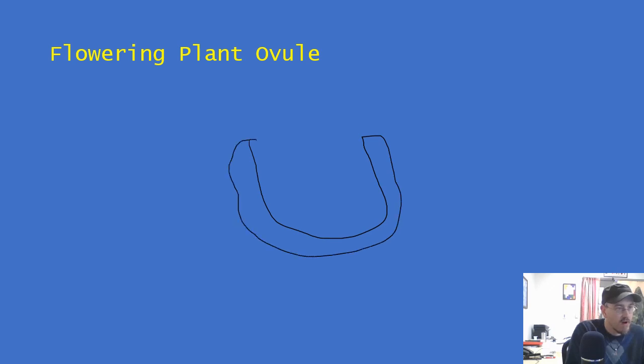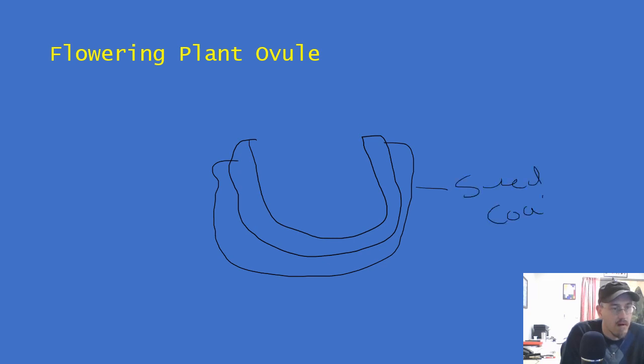It actually has a double outer coating. So this is going to be the seed coat eventually. Your book will probably refer to this as an integument. It becomes the seed coat when it's mature. So this is going to be the seed coat, and that's the same thing as integument.